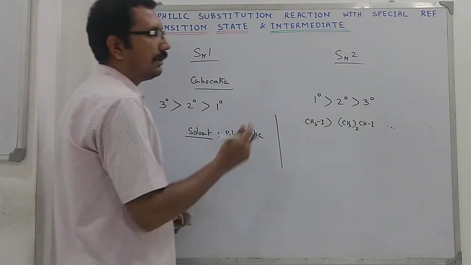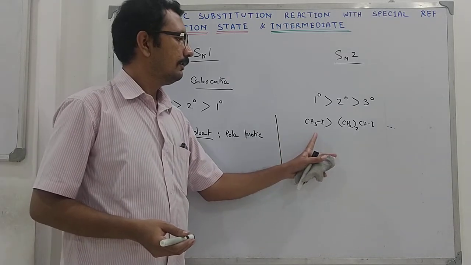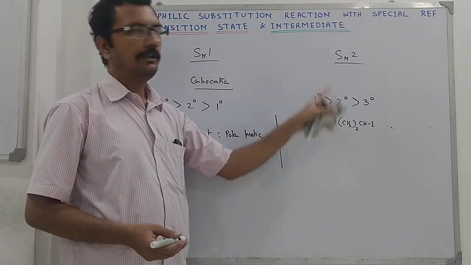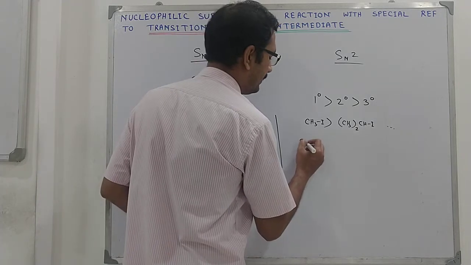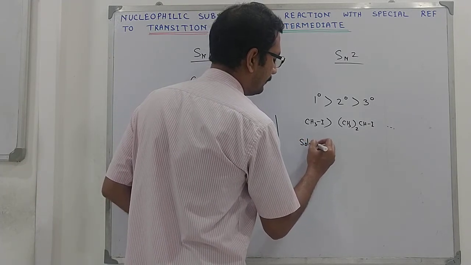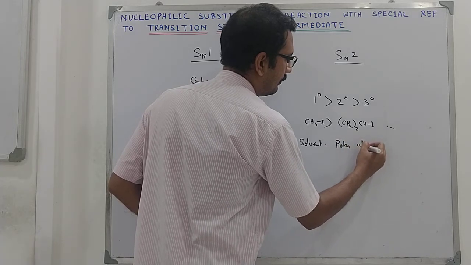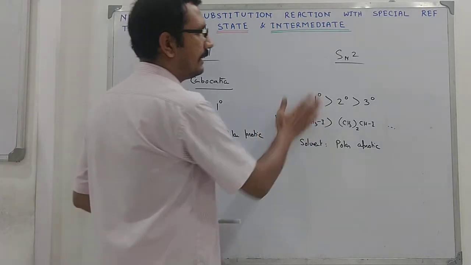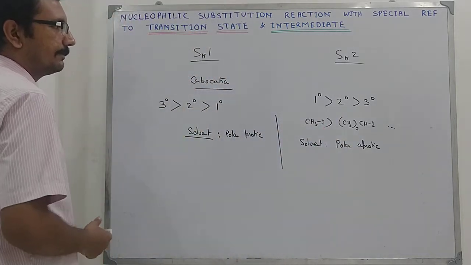Now here no carbocation is formed, only partial positive and negative charges play in the mechanism. So it will be facilitated by solvents like polar aprotic solvents. Hence aqueous acetone is taken as the solvent here and aqueous KOH is taken here.